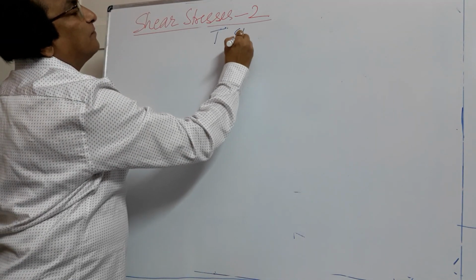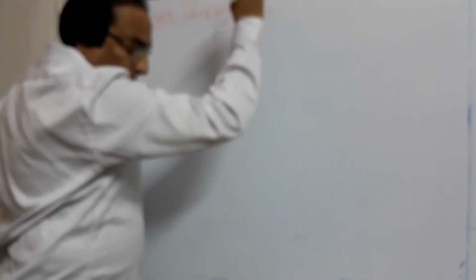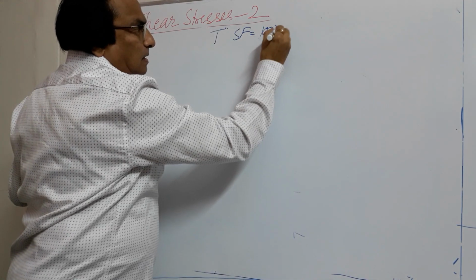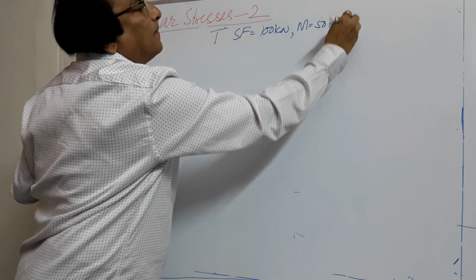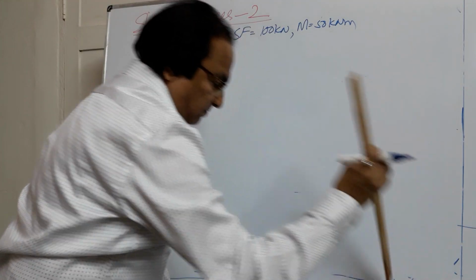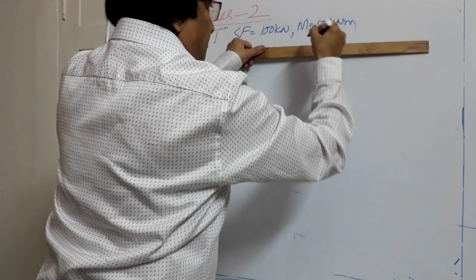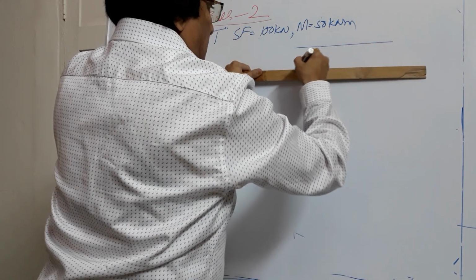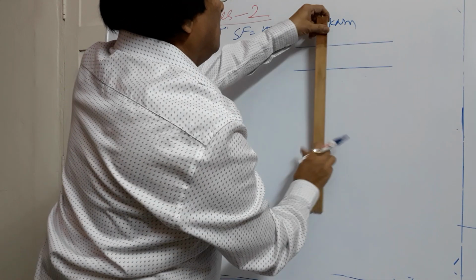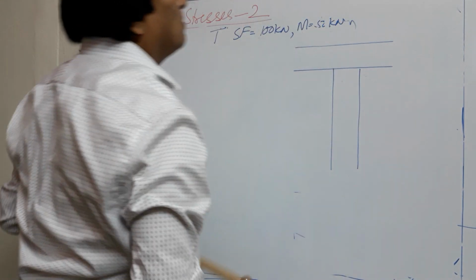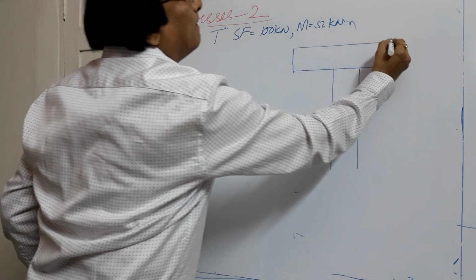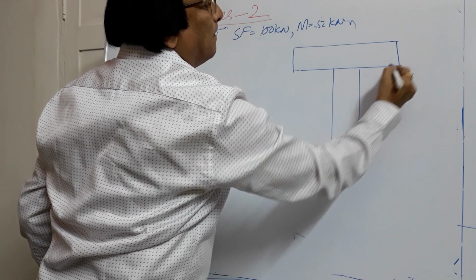Suppose there is a T section carrying a shear force of 100 kilonewton and a bending moment of 50 kilonewton meter, and the cross section is a T section.